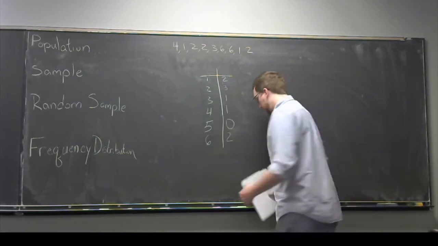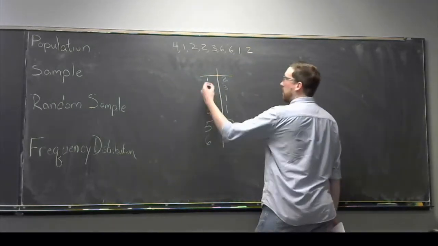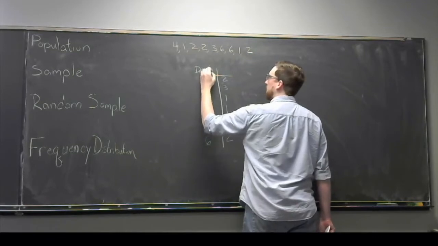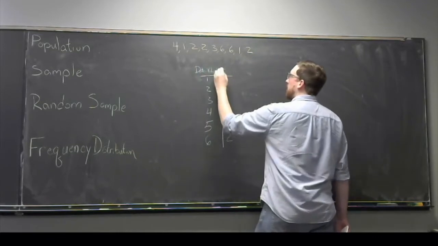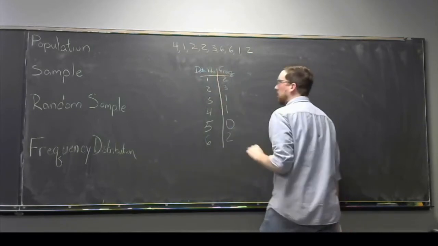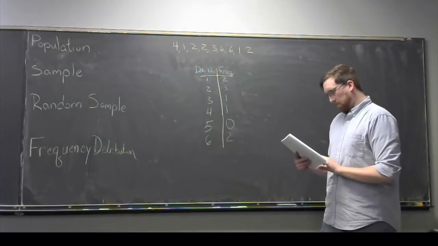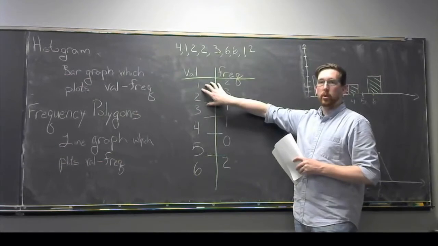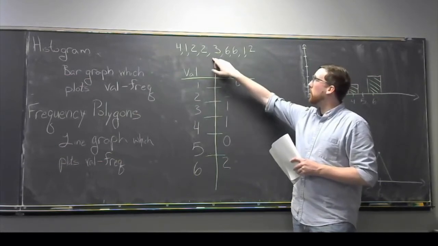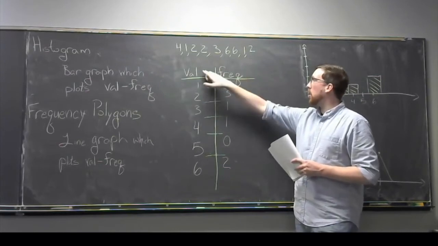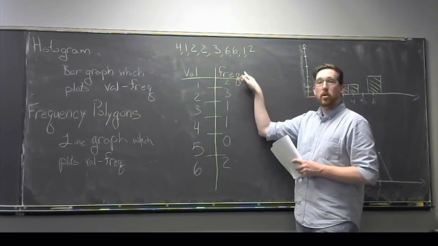In this particular table, you might label the first column as data value, and the second column as frequency. So, we've got this data and we've written it into a table. We've got the data about what we rolled, so we have those roll values. We've got this table of the values and the frequencies of occurrences.